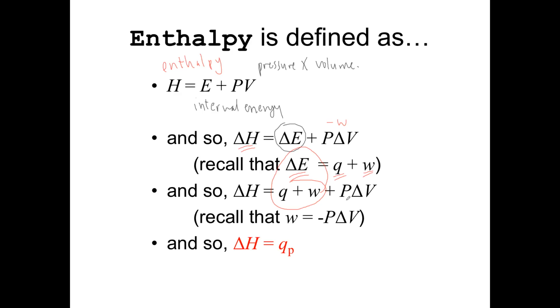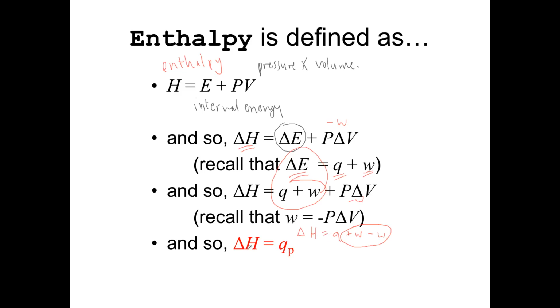Remember that? So this is minus W. I skipped a step here for you, right? The change in enthalpy is equal to Q plus W minus W, and I can do that one in my head. So this is at constant pressure.